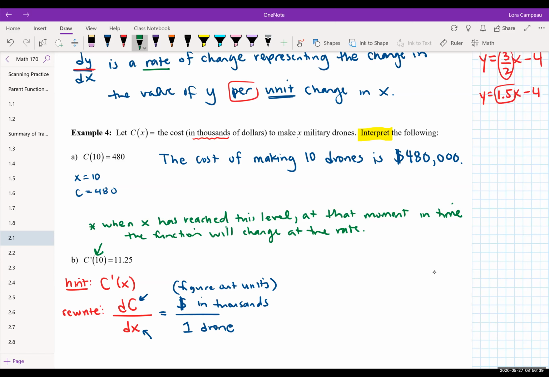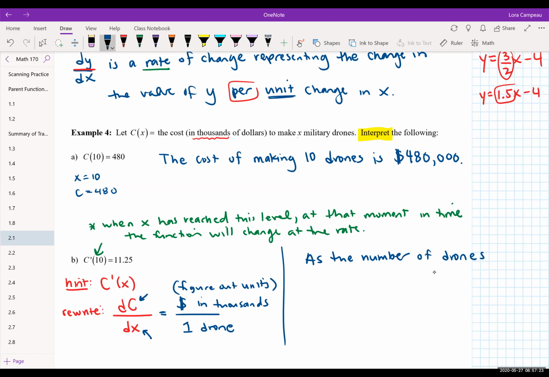Now, if I'm going to apply this to our actual concrete examples, we're talking about cost in thousands of dollars of ex-military drones. So if I can finally talk about it this way. When they say has reached this level, we can say as the number of drones increases, and we'll get into this later. I'll give you this definition to sit in your mind, and then I'll give you an alternative one.